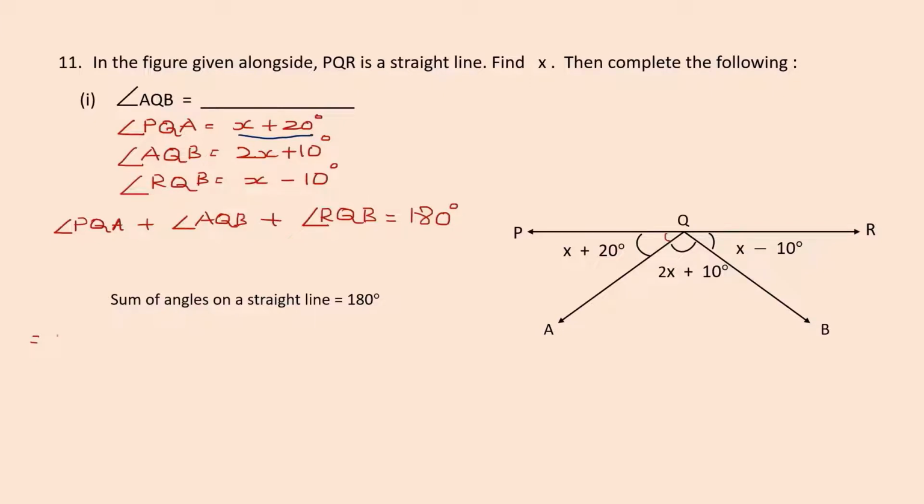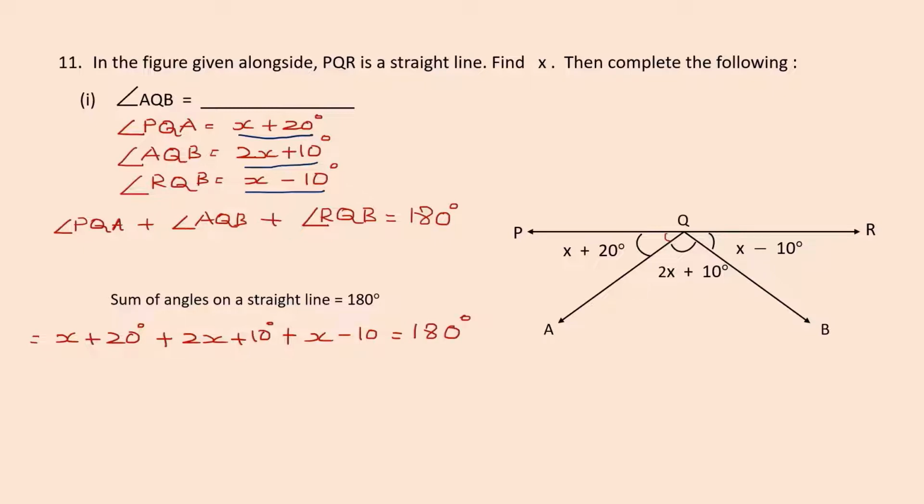So let's write that, x plus 20 degrees, plus how much is angle AQB? AQB is 2x plus 10. Then we move on to the third one. Angle RQB is x minus 10. Now all these together should add up to 180 degrees.